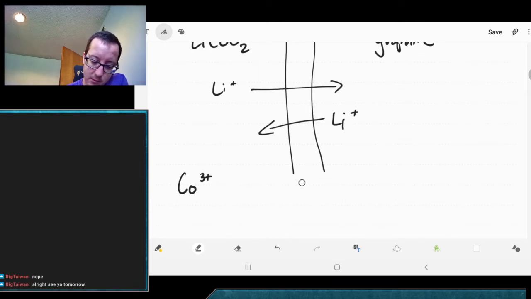Need the reduction. If we go ahead and look up cobalt's potential, let me pop that open real quick. Let's go ahead and find it.